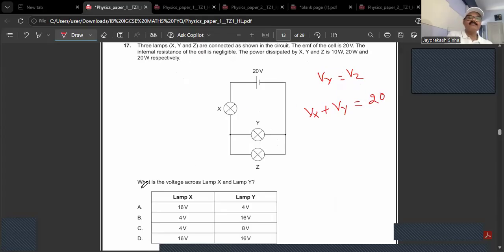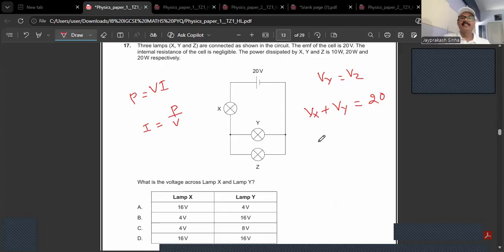Now already we know the relation between voltage, current, and power. That is P is equal to VI, isn't it? So I is equal to P upon V.